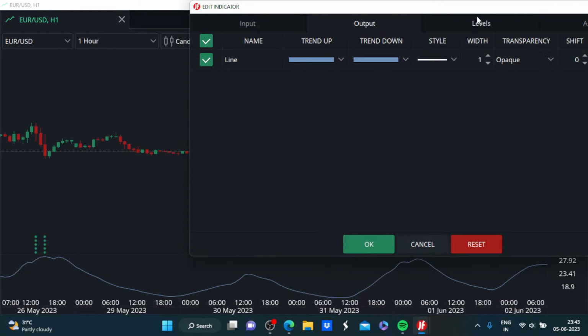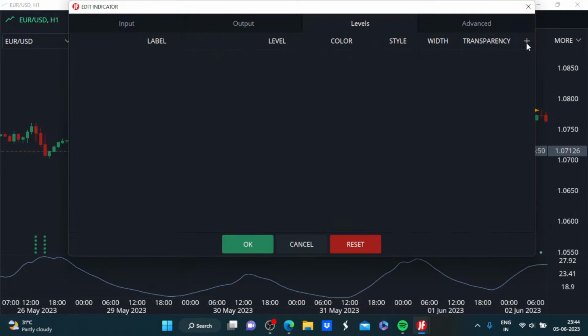Levels, if you feel like, you can add certain levels, say for example 20 or 25, so that it makes it easier for you to keep certain levels in mind. So if you feel like, you can add it or you can leave it as it is. Here the option has been given to you on the platform.